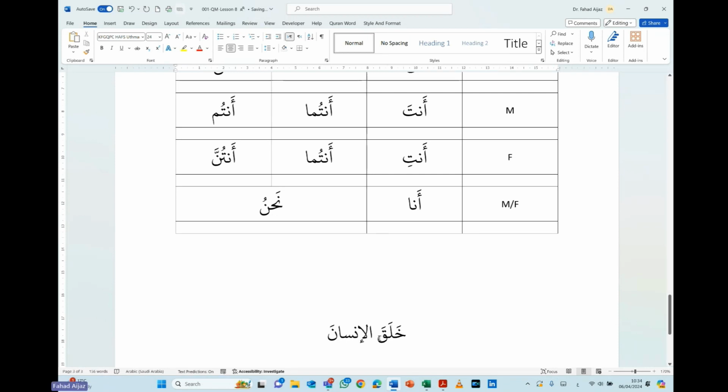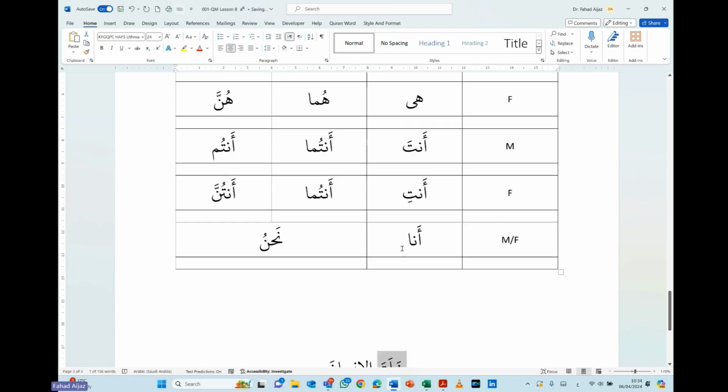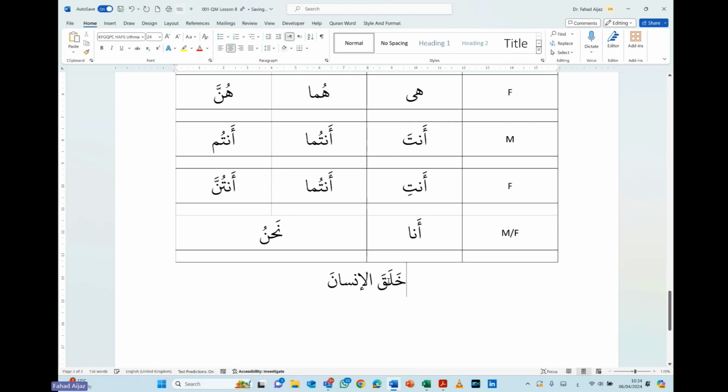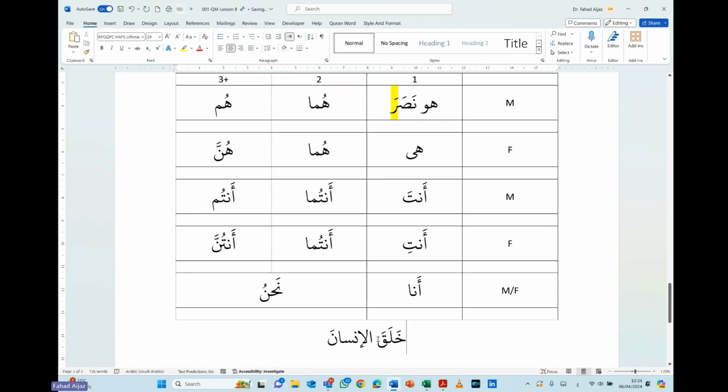Now, when you look at khalaqa and you look at nasara, the same pattern, they're mapping together, they look the same, yeah? So you are looking at khalaqa, that is a fi'l. It's a past tense fi'l. It has the same ending. Okay? It has the same ending.